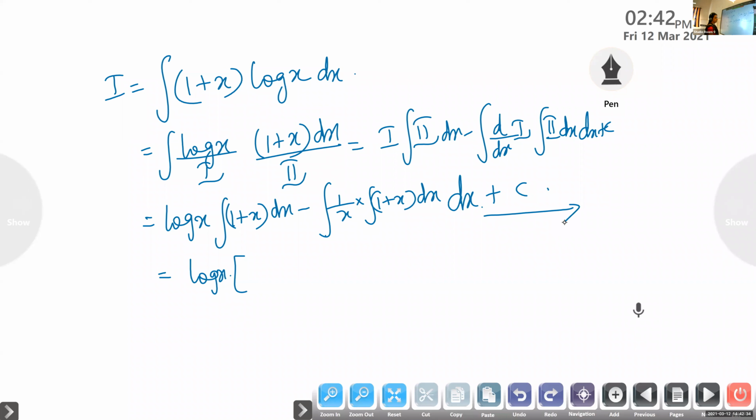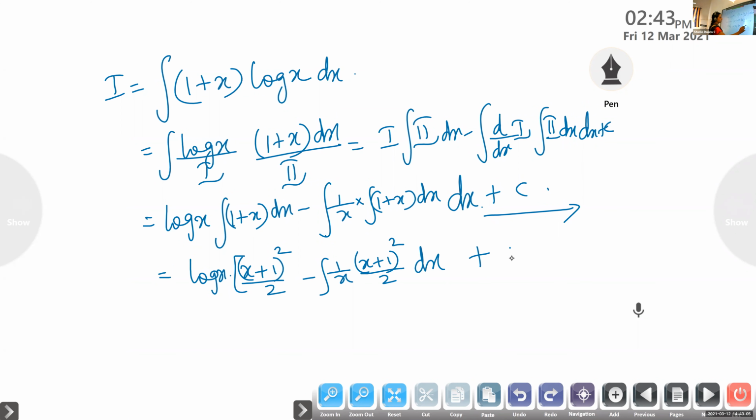X plus 1 the whole square by 2. No x will be there. Okay, x plus 1 the whole square by 2. Then minus integral of 1 by x into x plus 1 the whole square by 2 dx plus c.